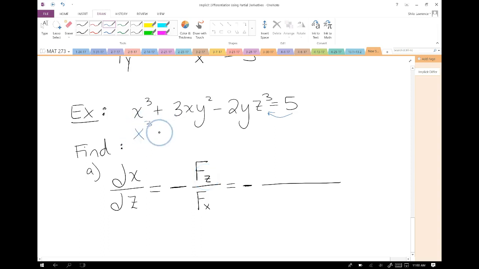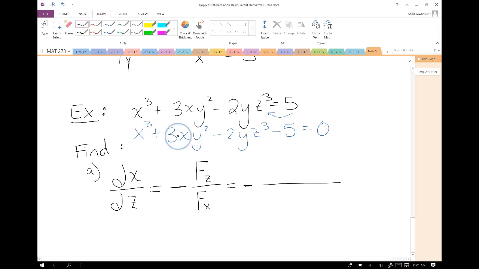But if there was a variable over on the right-hand side and we didn't pull it over, it would affect the answer. So you should always go ahead and pull that over. That's why this says capital F. Remember, we've created those capital F functions that are equal to 0. That's got everything on the same side of the equation.